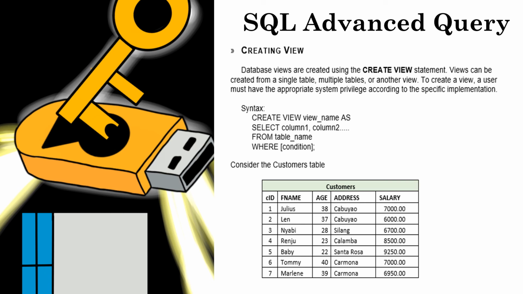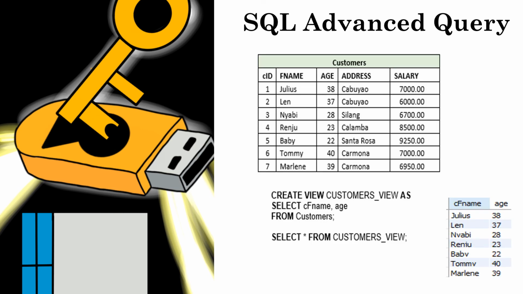So consider we have the customers table, with the seed, the cfname, age, address, and salary. To create a view, we use the SQL advanced query: CREATE VIEW customers_view AS SELECT cfname, age FROM customers.